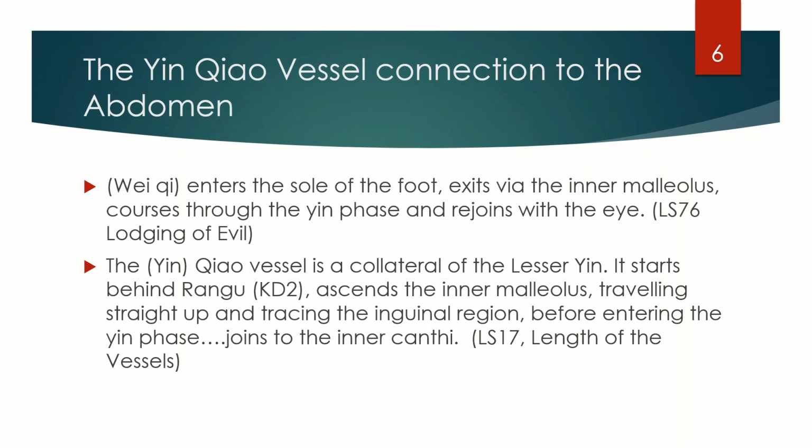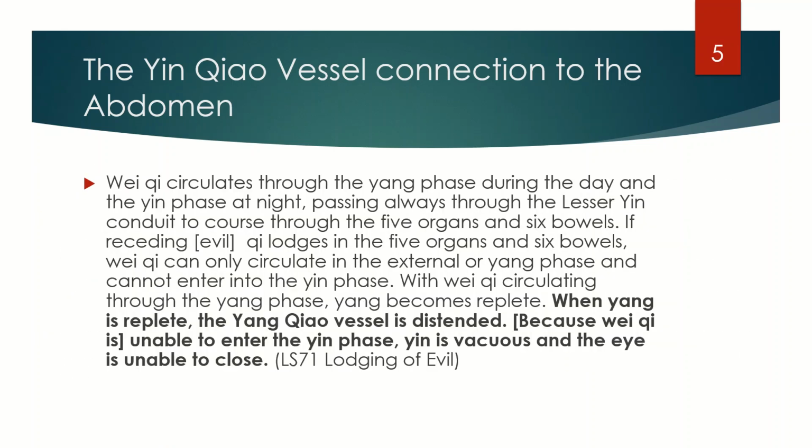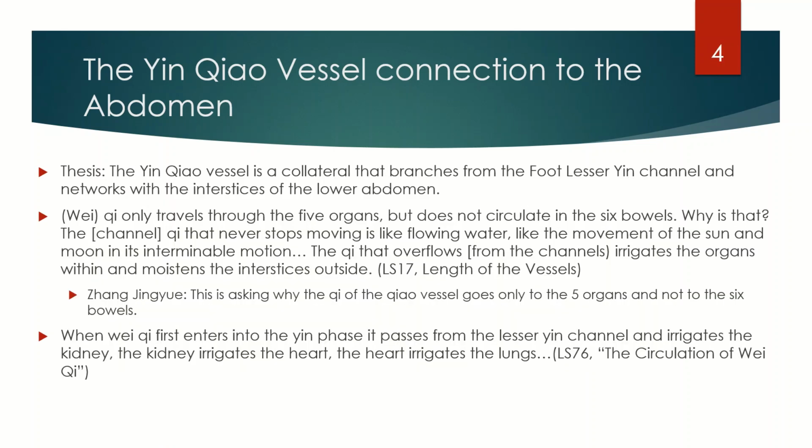So for me, this is quite compelling. First you have Zhang Jingyue talking about how he thinks this passage, which is discussing how Wei Qi flows from the Yang phase into the Yin phase, is talking about how that process is mediated by the Qiao vessel.